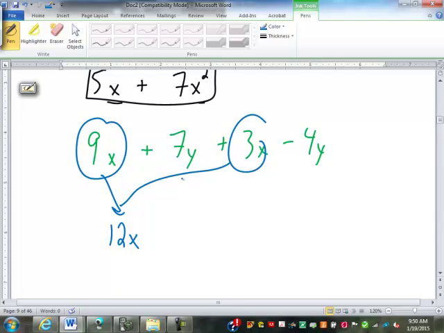Now, we have to be careful with this next part. We have 7y, and this is not 4y, but negative 4y. The symbol in front of it, this is a plus, so that's a positive 3x. This is a minus, that's a negative 4y. 7 and negative 4 end up at 3. So it's a positive 3, so we put a plus here, plus 3y.